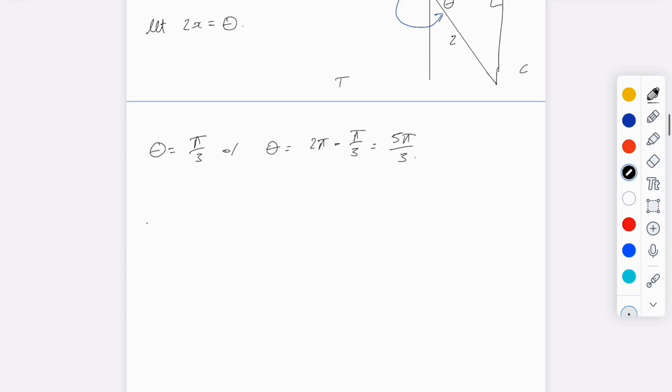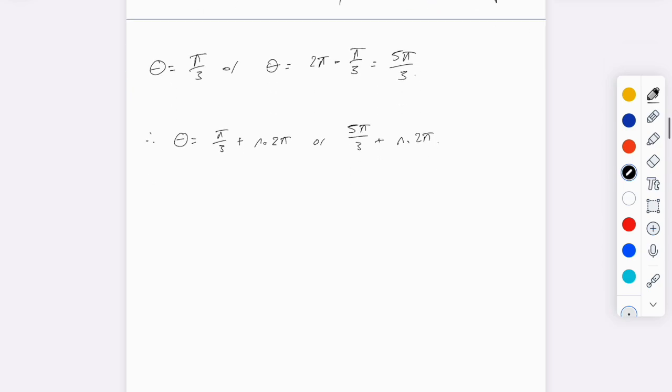So therefore, what we've got here is pi over 3 or 5 pi over 3, but really what we've got is plus n times 2 pi.